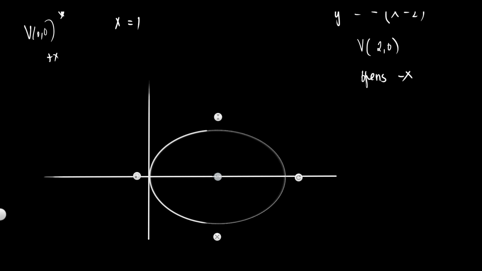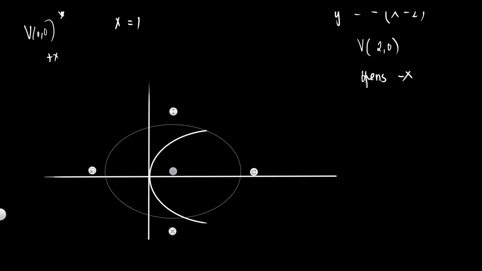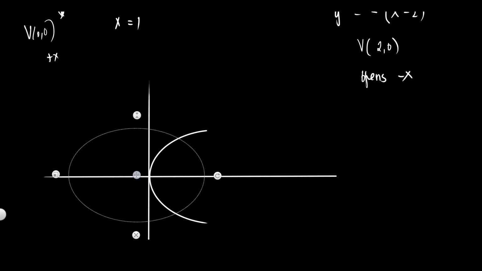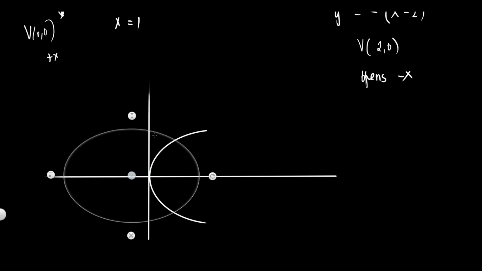Then the other one opens in the negative x direction. The vertex is at (0, 0) for this one, and the vertex of the other is at (2, 0). So what is the area between these two parabolas? That enclosed region.